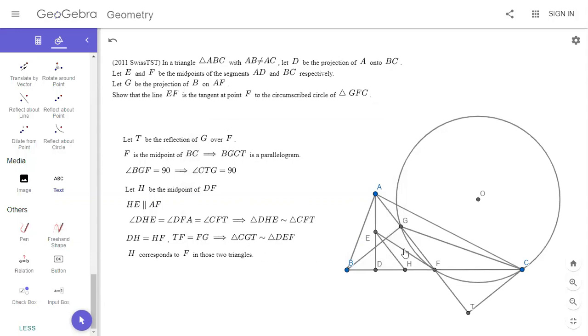So that means angle, yeah, what was I doing here? That means angle C, yeah, what am I doing? Is that true? CGT is similar to EDF?